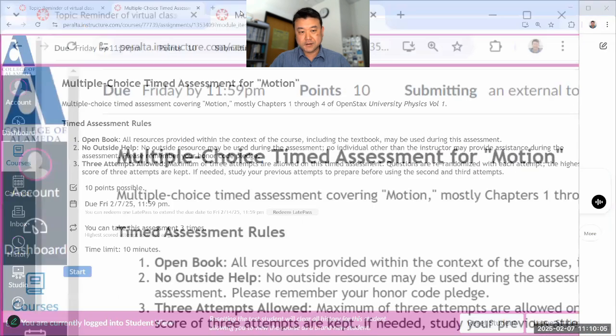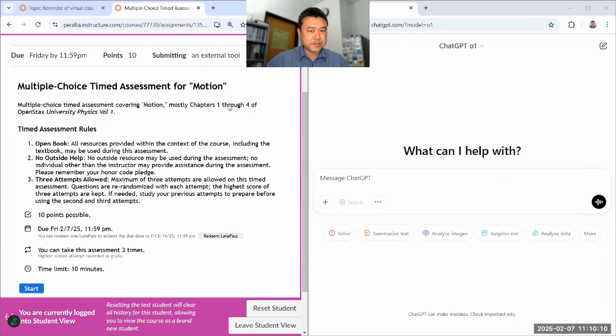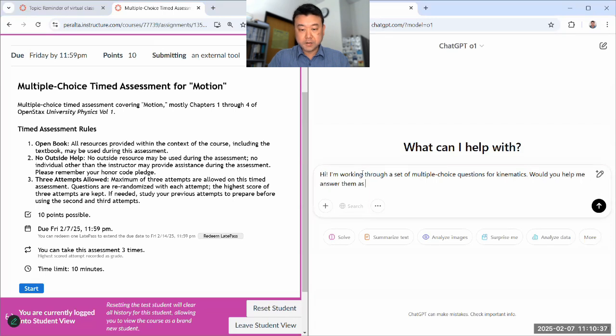Because this is a timed competition, I'm going to give ChatGPT a fair chance, in the sense that I'm going to give a prompt that'll help me be most efficient in cheating. So I'll prompt ChatGPT: Hi, I'm working through a set of multiple choice questions for kinematics. Would you help me answer them as quickly as possible?